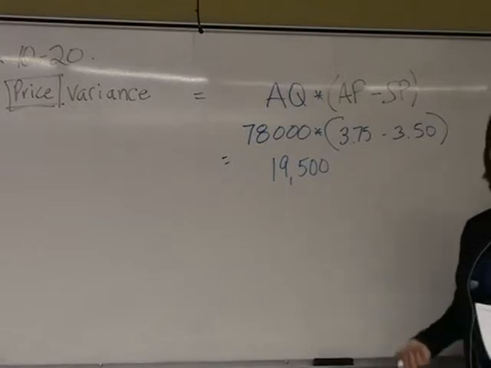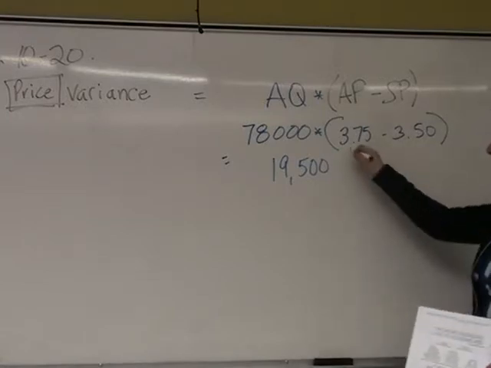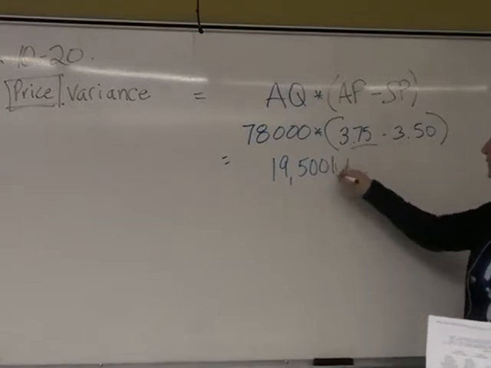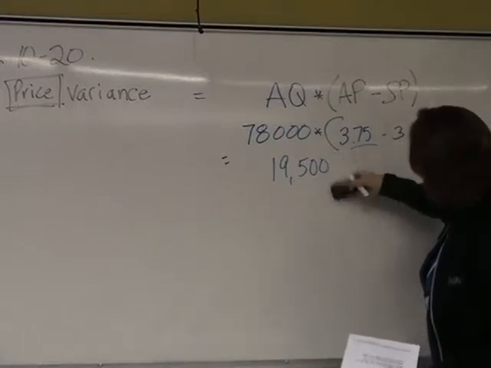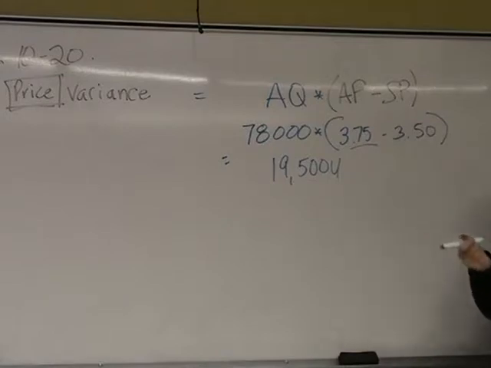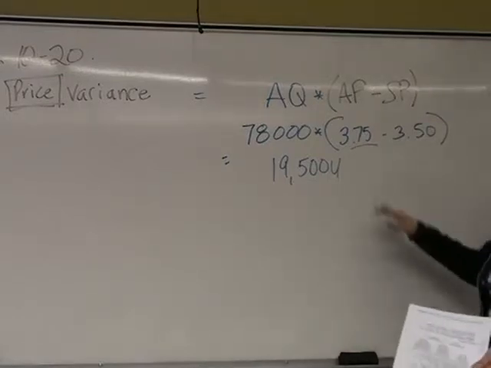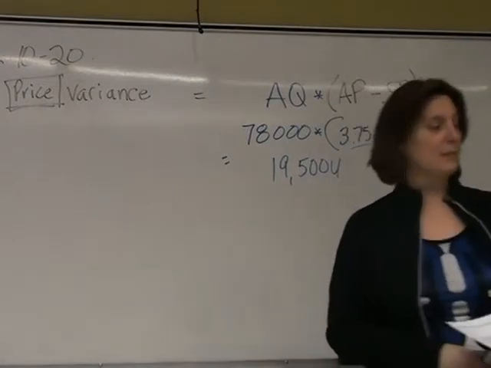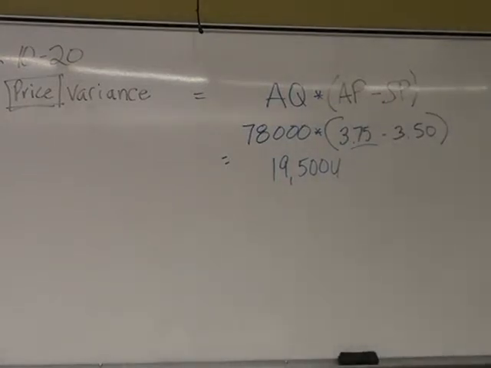I spent more, so that makes this unfavorable. In a crunch you might forget which sign is which, but if I spent more, I have an unfavorable variance.